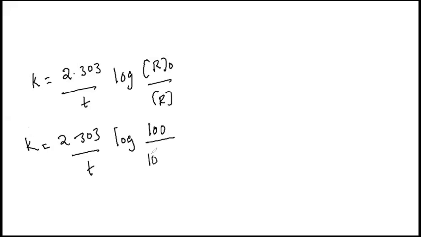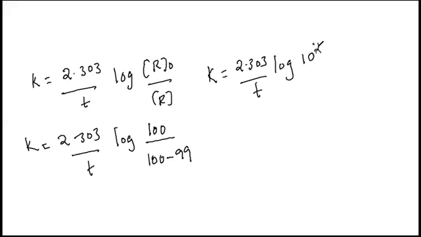How much completed? 99, so 100 minus 99. Then how can we write this? K is equal to 2.303 by t log 100. This log 100 I can take as 10 square.